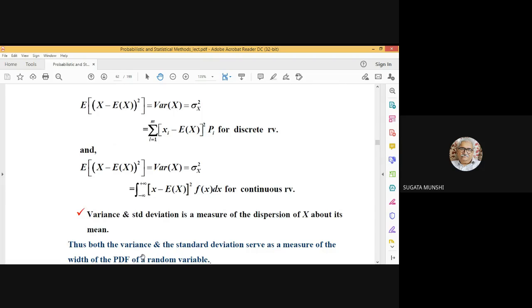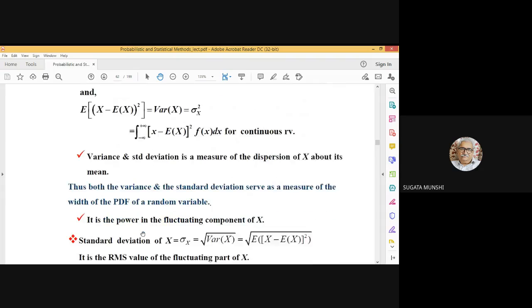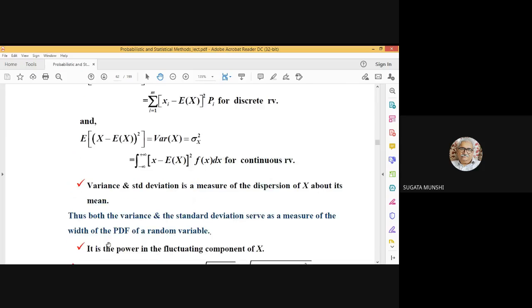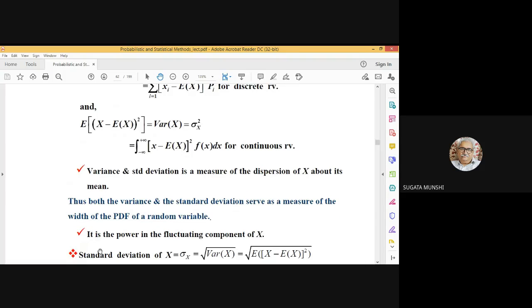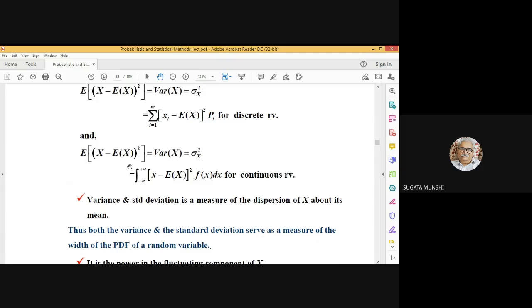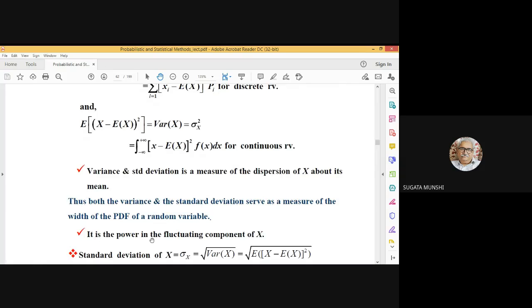there is some problem in the arrangement of these sentences, because after variance the standard deviation should come in here. So after this expression, write down that it is the power in the fluctuating component of x.